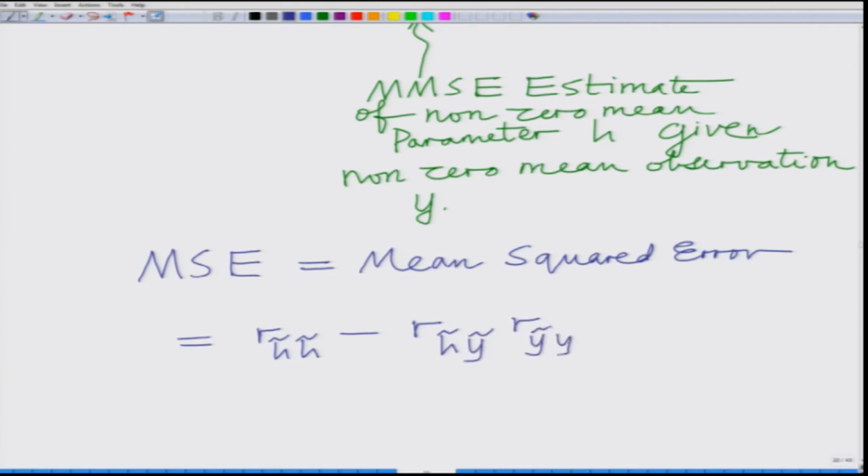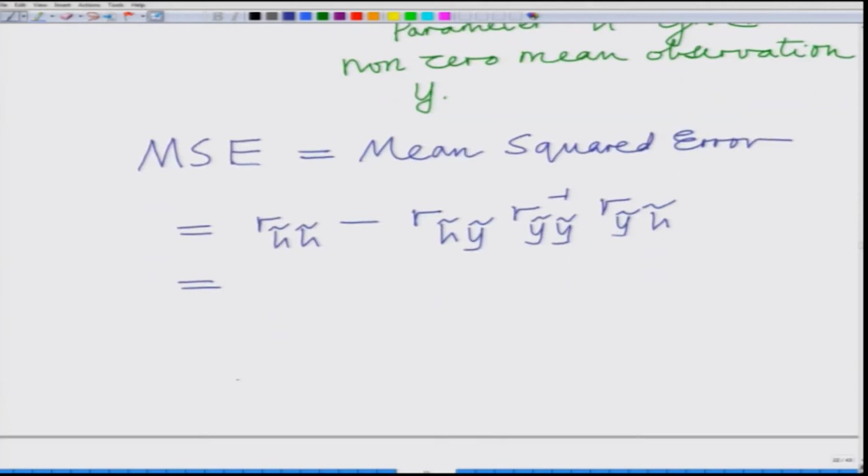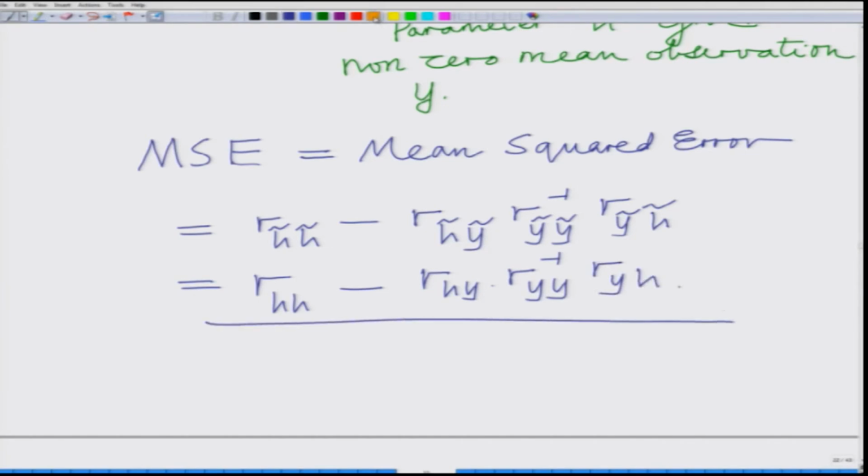Wherever I had y, I am substituting y tilde, wherever I had h, I am substituting h tilde. Now, r h tilde h tilde is equal to r h h. So, this remains the same expression, r h h minus r h y r y y inverse r y h. This expression is valid again for the mean squared error.